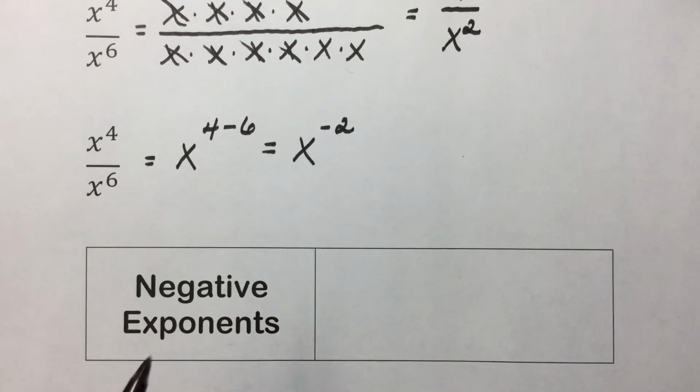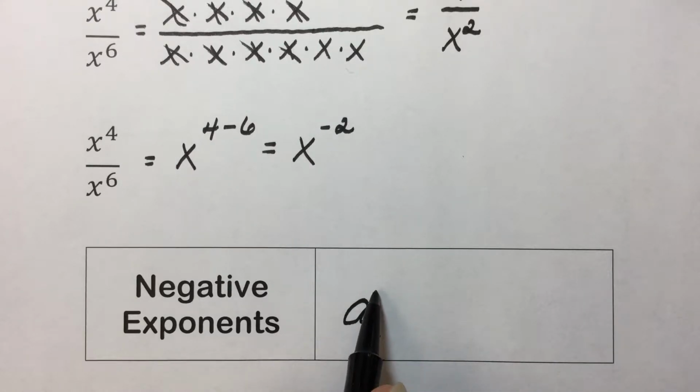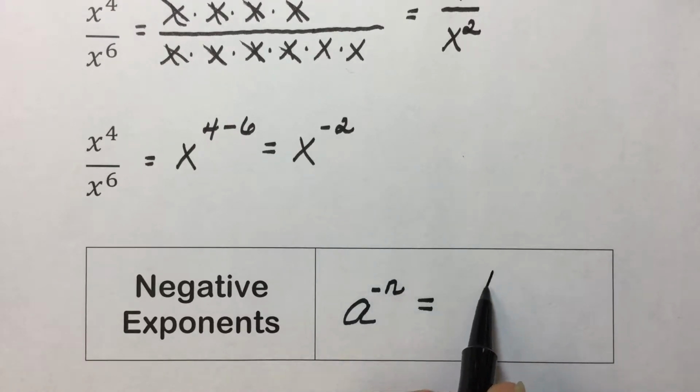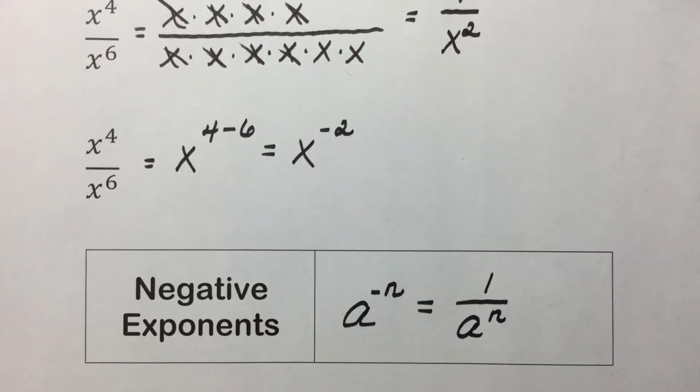For any real number a that is non-zero and any integer n, a to the negative n is equal to 1 over a to the n power. And we saw that illustrated here.